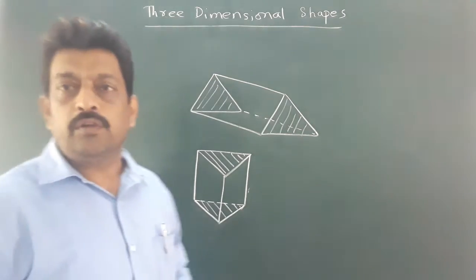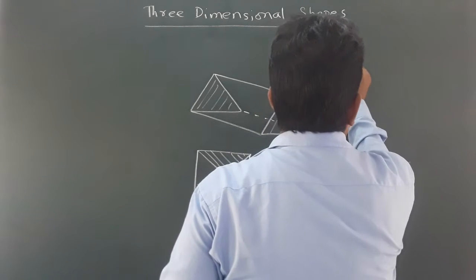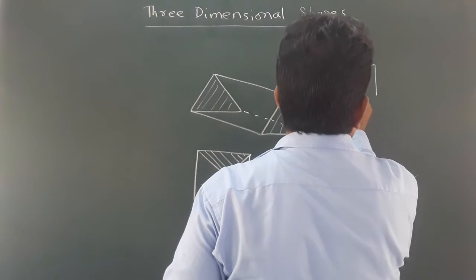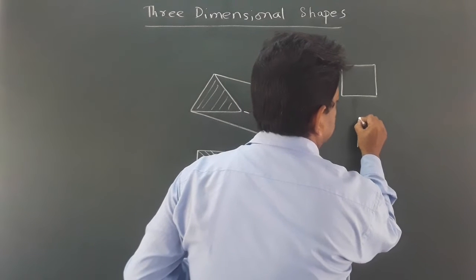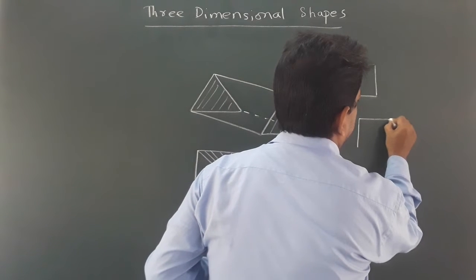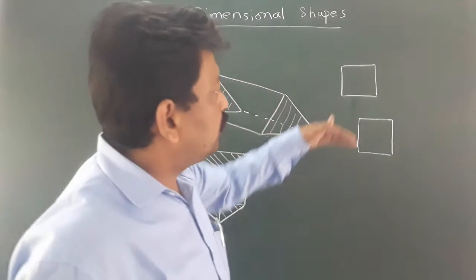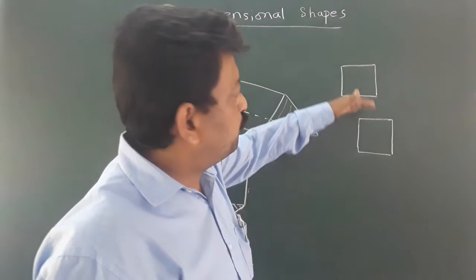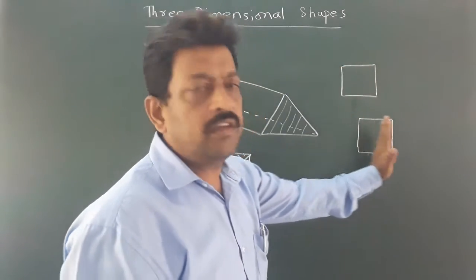Similarly, if you want to draw a square prism, draw one square on the top and draw one square at the bottom, but shift the square a little bit. I am not drawing exactly below this square, just a little bit shifted.